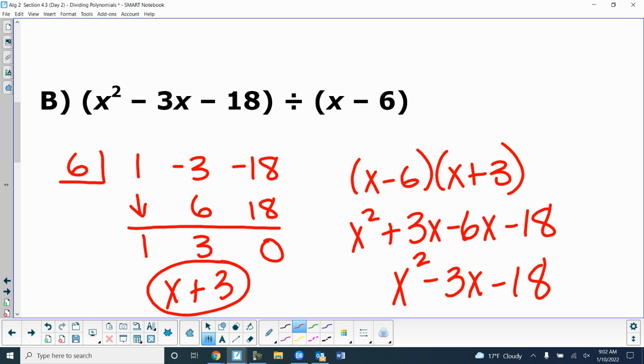Yeah. Right? If I asked you to factor this trinomial, you'd give me those two binomials. Okay? So if the remainder is 0, that means that these two binomials are factors of that polynomial. All right? Just something to think about as we move through this stuff.